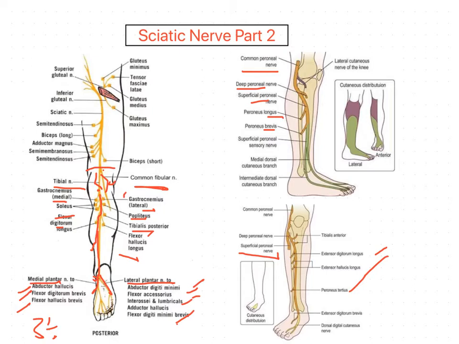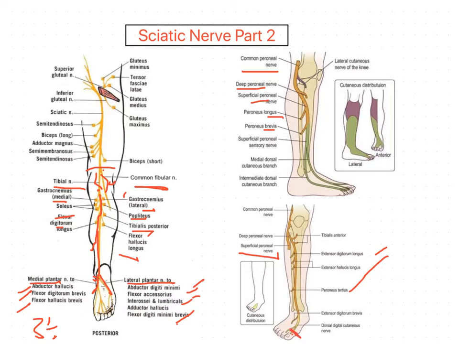The deep peroneal nerve gives some cutaneous branches, such as the lateral cutaneous nerve of calf, and its lateral terminal branch ends by forming the dorsal digital nerves of the adjacent sides of the big toe and the second toe.